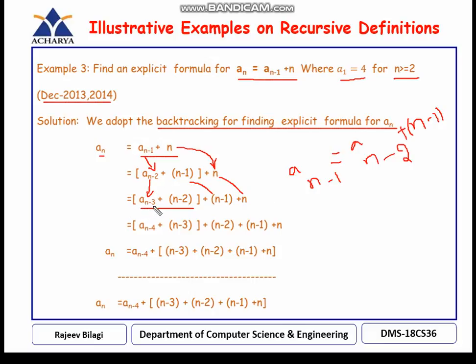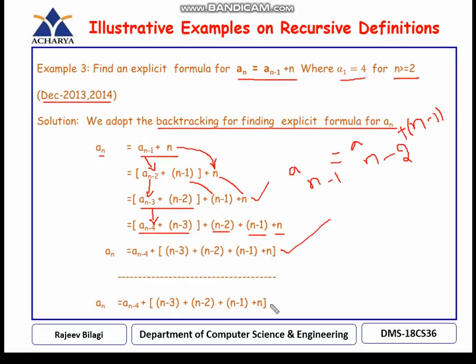So an minus 3 plus n minus 2 plus n minus 1 plus n is what I get after the second step. Similarly, an minus 3 is an minus 4 plus n minus 3 plus n minus 2 plus n minus 1 plus n. So I can write an as this particular statement.